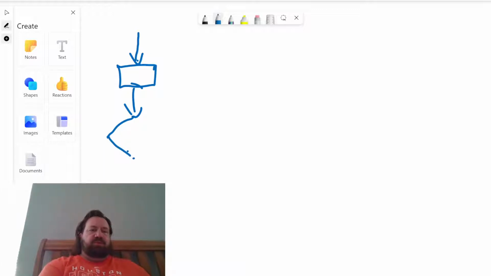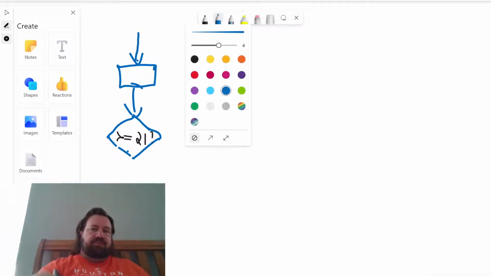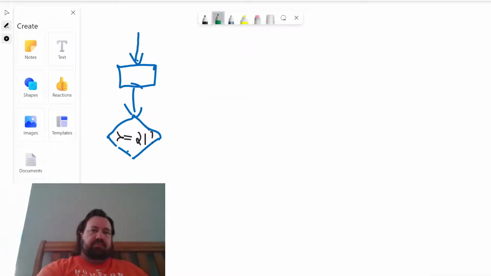And we represent decisions in the flowchart with diamonds. So we might say greater than or equal to, let me get a little bit finer pen. We might ask if age is greater than or equal to 21. And if yes, we go ahead with the sale.